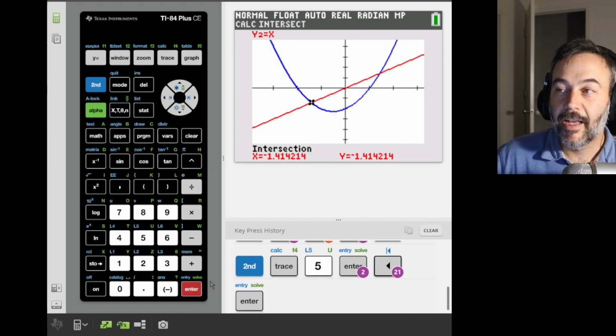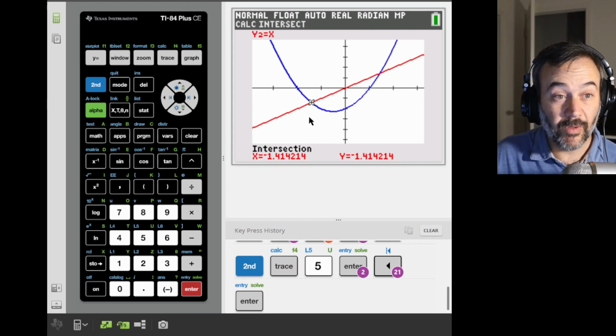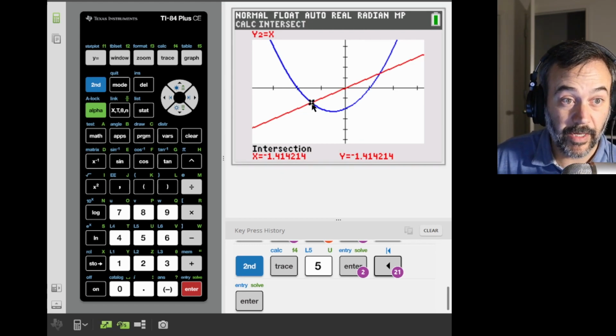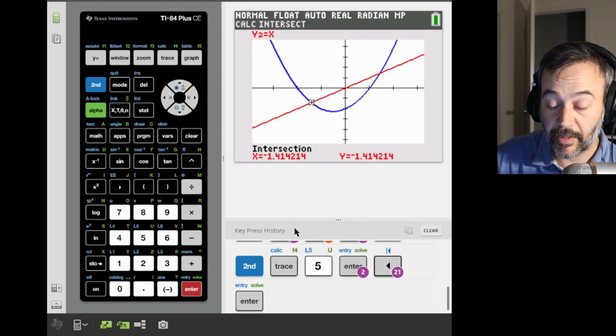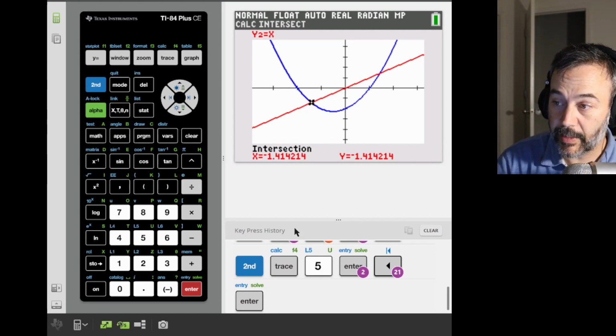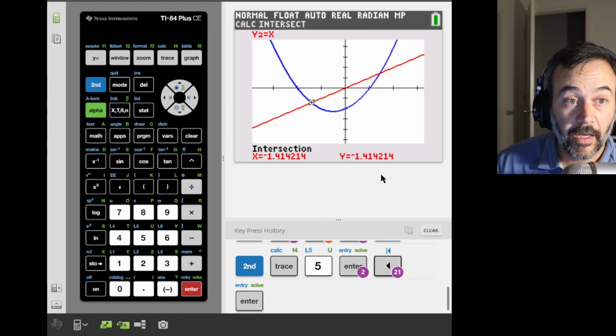It doesn't matter, and hit enter, and it will snap that little X cursor right to the intersection point, and it will give you the X value. So I'm going to write that down on the other page. X equals negative 1.414. So I'm going to write that value down, and then I'm going to find the other intersection over here.